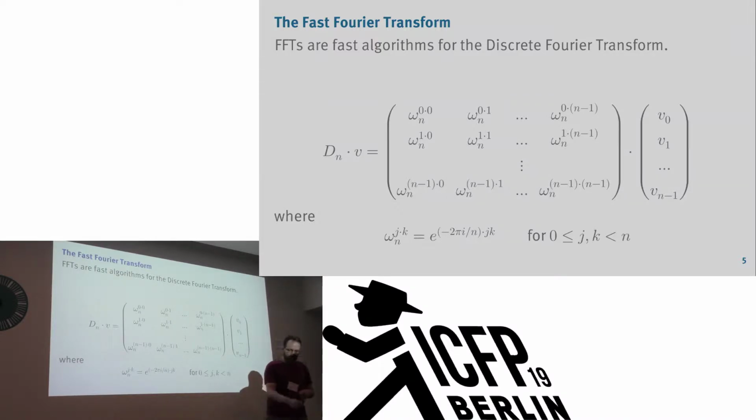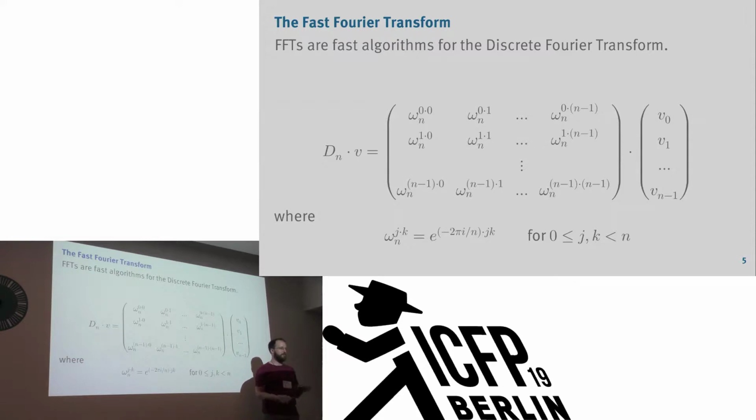In this DFT matrix D, there are no zero entries, there are elements everywhere, and these elements are defined by a formula. This formula depends on the row and the column the element is in and the size of the matrix. So we can compute the element at a given position by this formula.